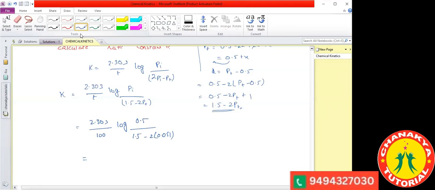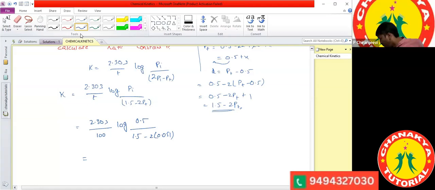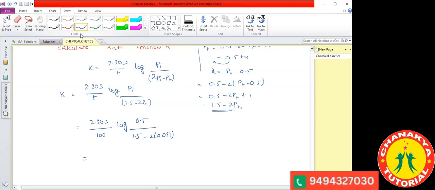Sir, 0.5 by 1.5 minus 2 into 0.512. If you simplify that, the value you get is 0.488. I still have to simplify 2.303 by 100.